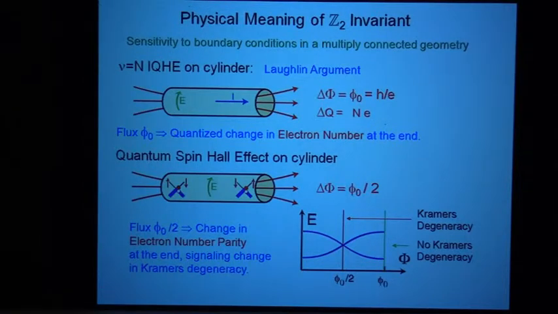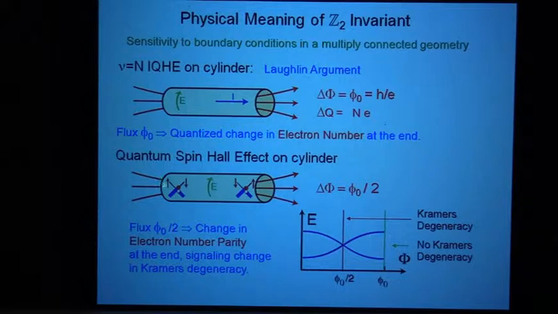Okay? So now let's imagine that I wrap this quantum spin Hall effect on the cylinder. I can think of it as having two copies of the quantum Hall effect, +1 for the up spins and -1 for the down spins. I want to think about a similar flux threading Gedanken experiment.